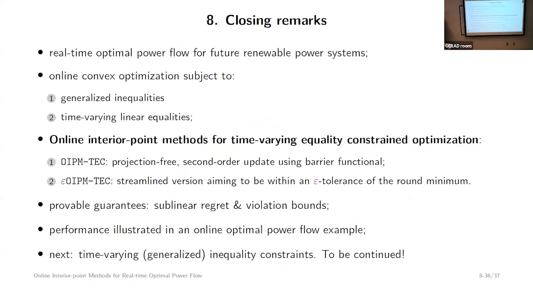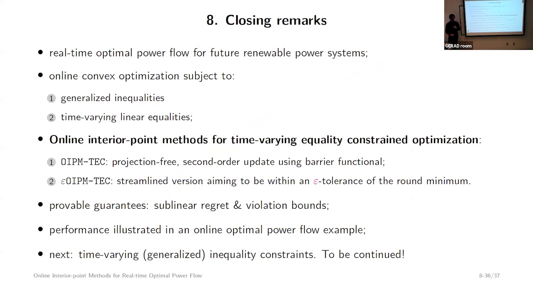So great. To wrap up, real-time optimal power flow will be at center stage of future renewable power systems, given the shift of timescale at which those resources are operated. We propose to use online convex optimization to bridge the standard OPF to this timescale.